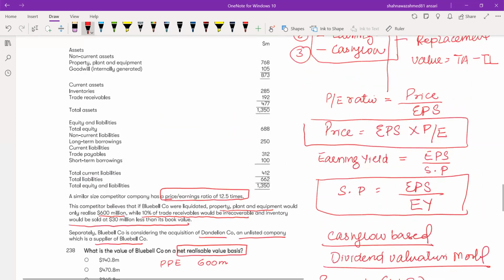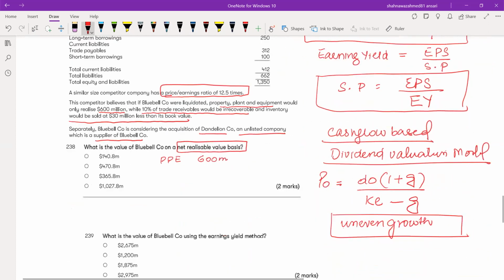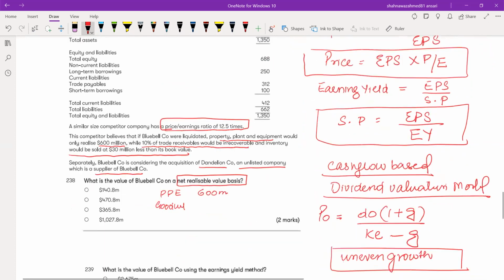And goodwill, this goodwill is internally generated goodwill, and this internally generated goodwill is normally not allowed, but here it is given, so we have to consider this internally generated goodwill as well. So goodwill is 105.